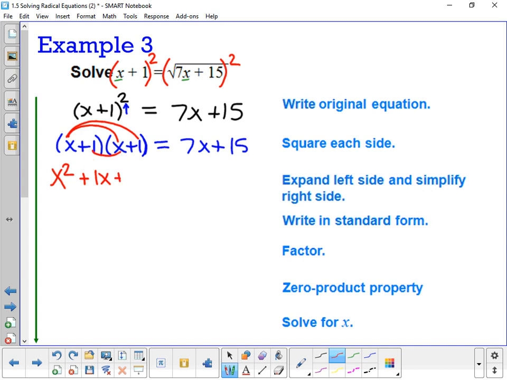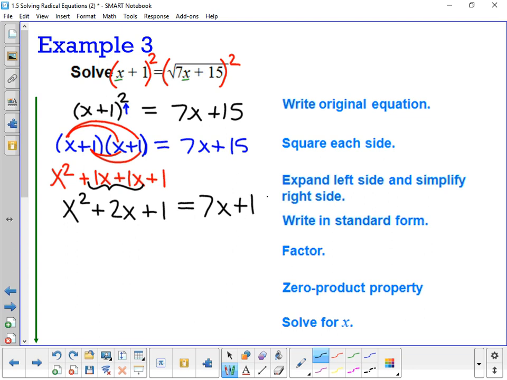We have a 1 times an x, so another 1x. And finally, we have a 1 times a 1 for a 1. And if we combine these two x's, because they are like terms, 1x plus 1x is 2x. So we have x squared plus 2x plus 1. And then, of course, that is still equal to 7x plus 15.